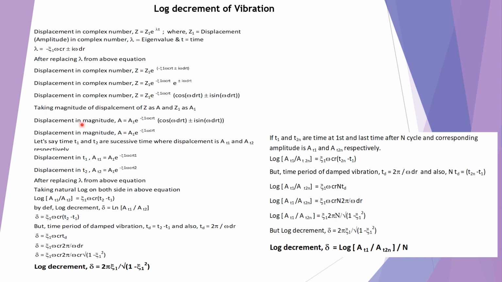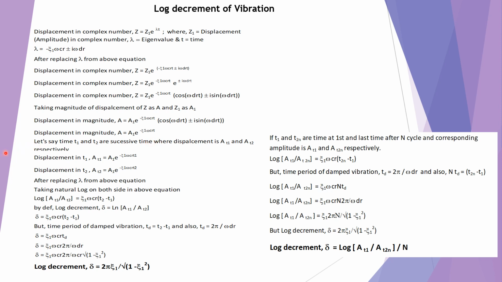Taking the magnitude of displacement of z as A and z1 as A1, displacement in magnitude A is equal to A1 into e to the power minus zeta 1 omega cr t.